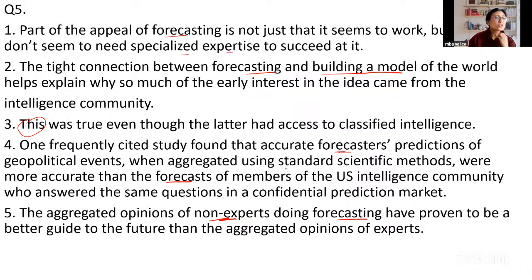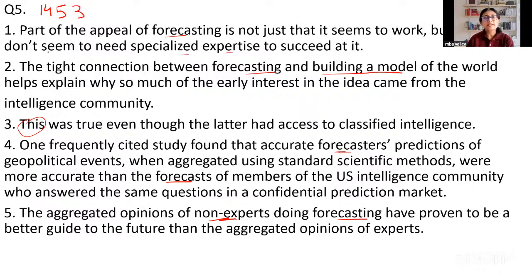Sentence 3 adds context by highlighting that this success occurs even when experts have access to classified information. So let's just focus on sentence number 1, 4, and sentence number 5.